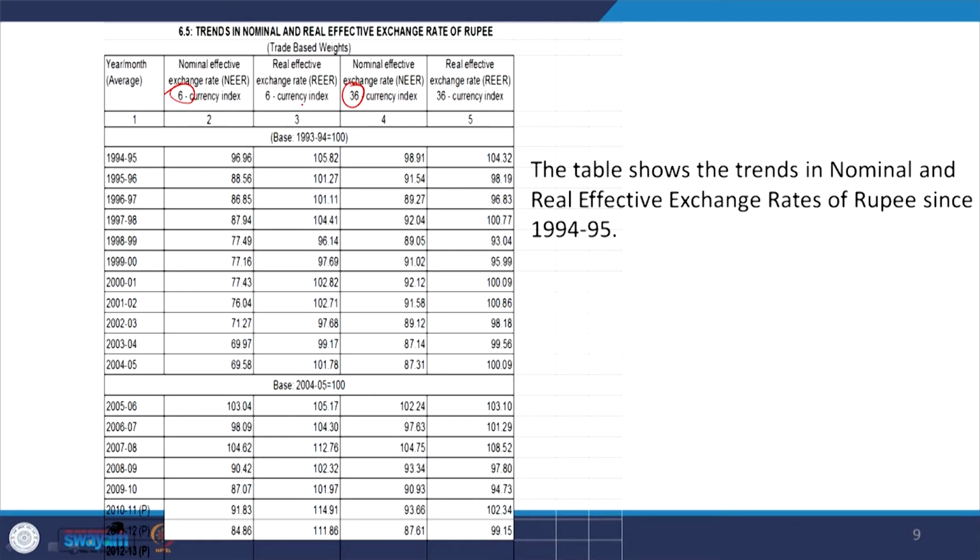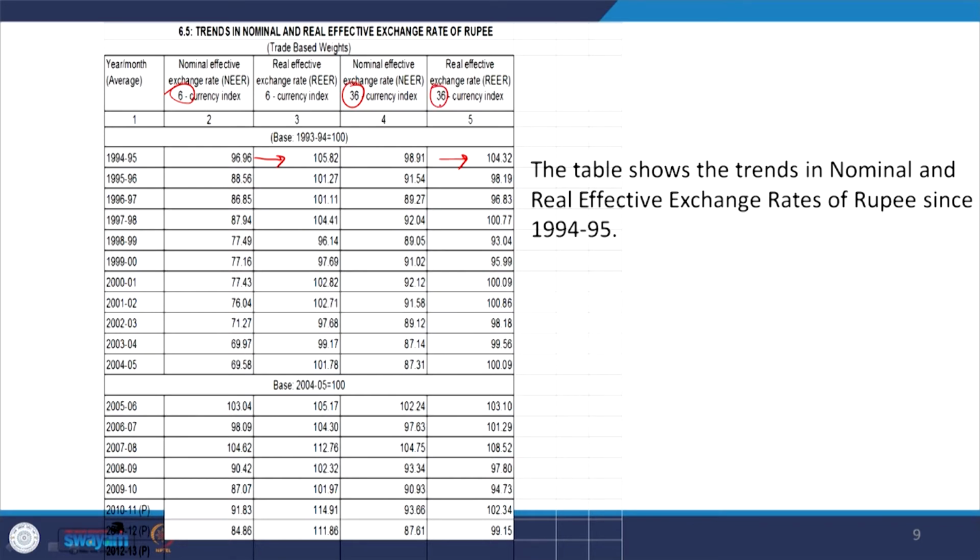Now, based on 1994-95, look at this: when we adjust with the price, the real effective exchange rate is higher. That means more rupees can be replaced with $1 in real terms. Again, against 36 currencies is also given.